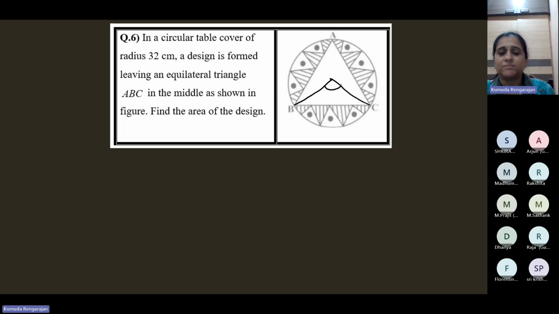This is the angle subtended by BC at the center. This is the angle subtended by AB at the center. And this is the angle subtended by AC at the center. So 360 divided by 3, 120, 120, 120.